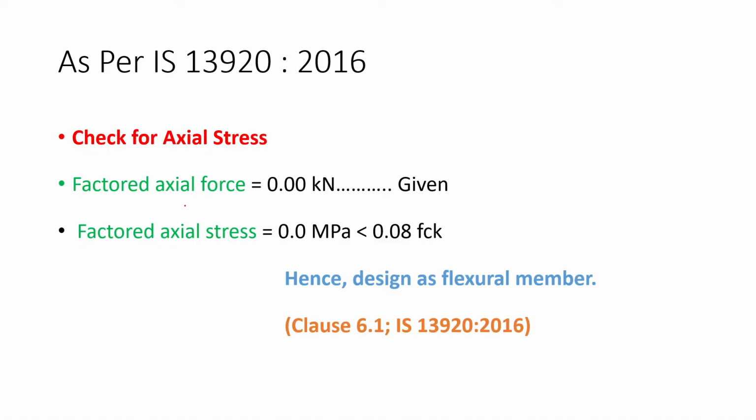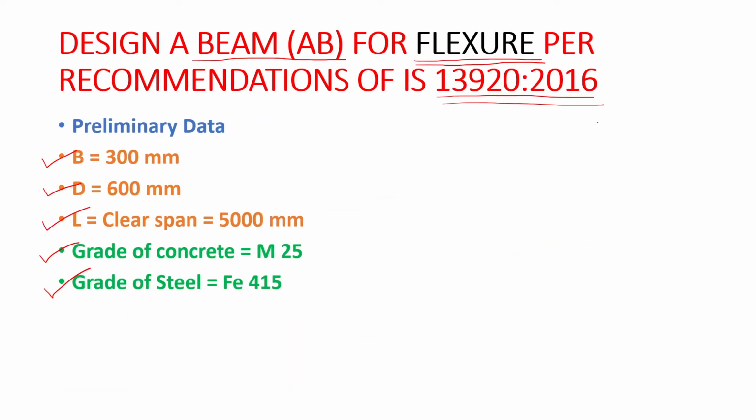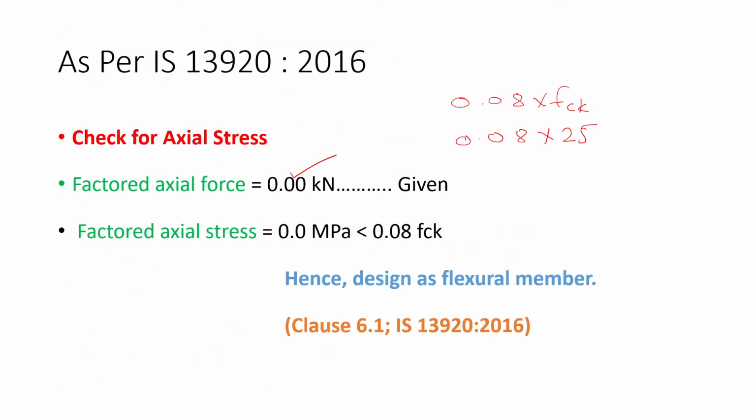Here the factored axial force given is 0 kilonewton. So what the code says, we have to do 0.08 times fck, that is 0.08 into 25. Yes, M25. Whatever value comes here is surely greater than 0.